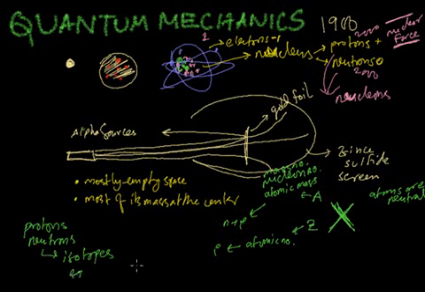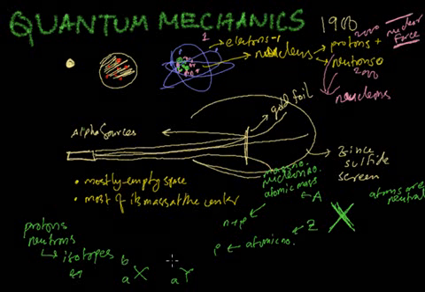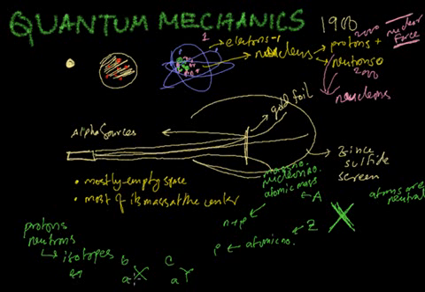For example, if you see something X with A and another thing Y with A, they have the same number of protons, but the mass numbers are different, suppose this is B and this is C. That means they're isotopes. The number of protons is the same, but the mass number, the nucleon number, is different, because definitely the neutrons are different. Whenever the number of neutrons is different but the number of protons is the same, they are called isotopes.